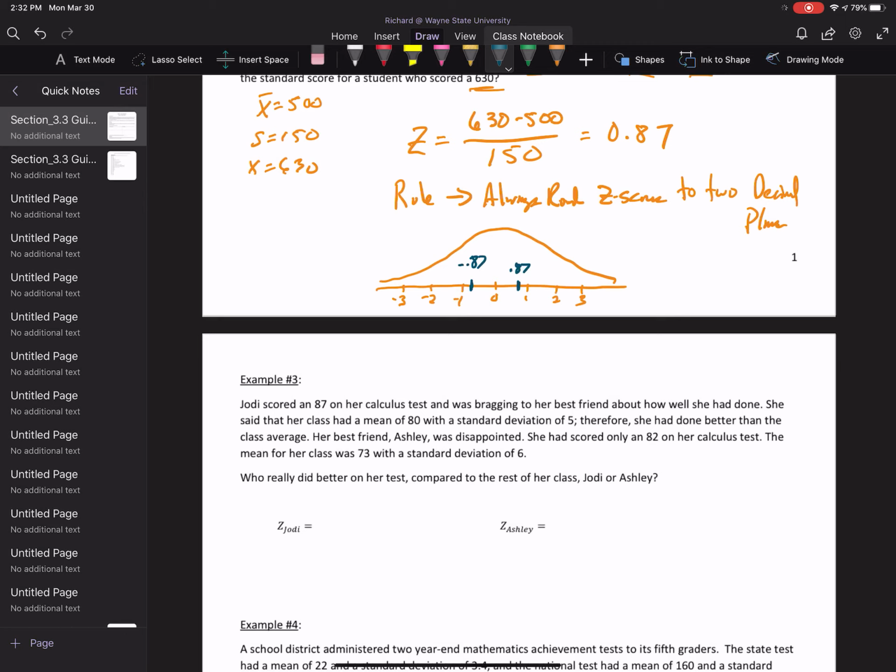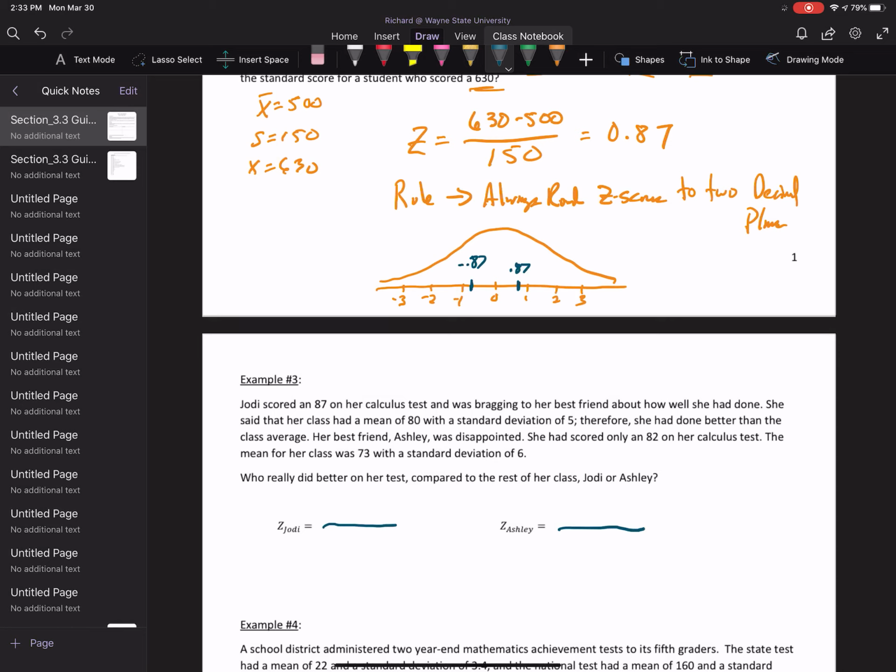Her best friend Ashley was disappointed. Ashley had scored 82 on her calculus test, and the mean for her class was 73 with standard deviation of 6. So who really did better? Now, as it's stated, it's kind of hard to tell just by comparing the scores, right? So what we really need to consider is a little bit more information, specifically the mean and the standard deviations of the respective classes.